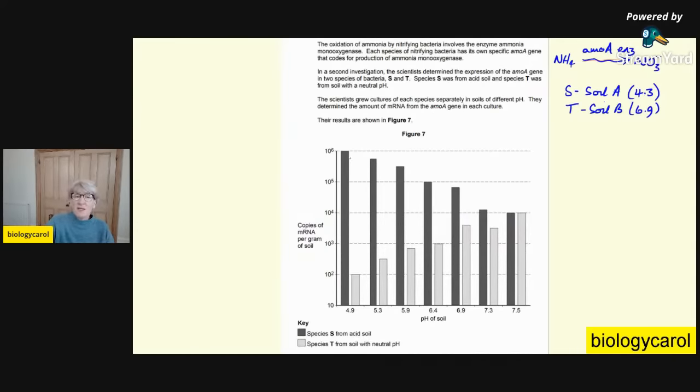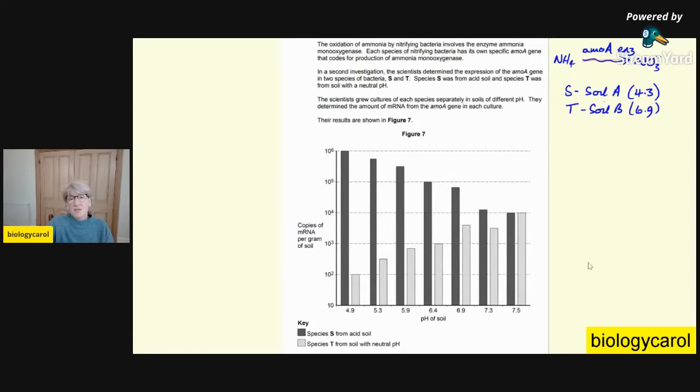And not terribly surprisingly, the AMO-A gene from the 4.3 bacteria went down, the production of it went down as the pH increased. And not surprisingly, it went up for T because it was getting close to its optimum.